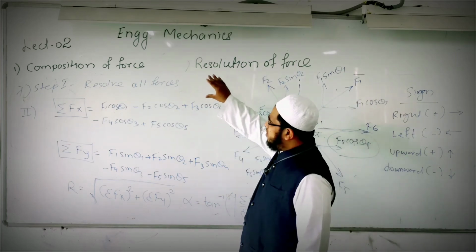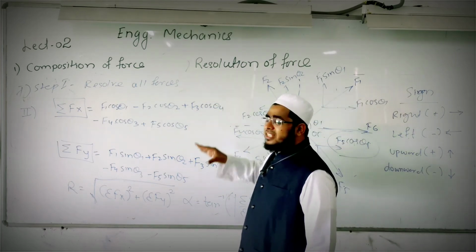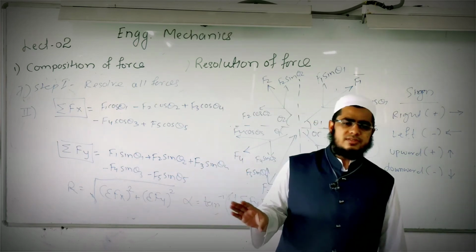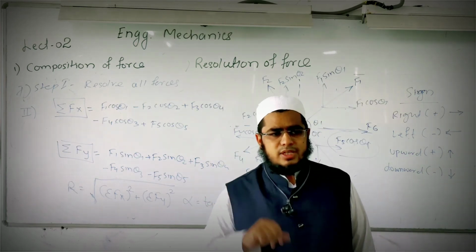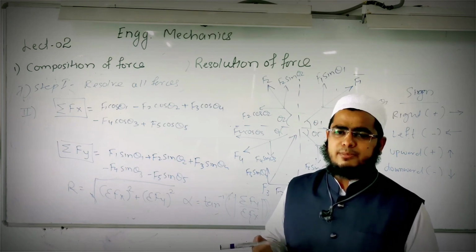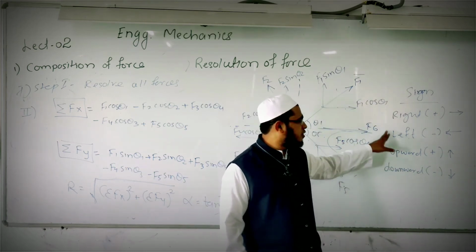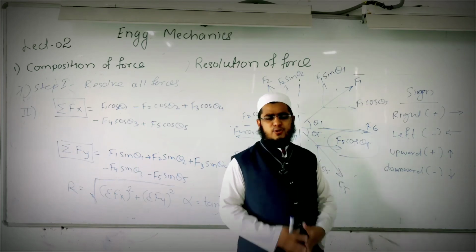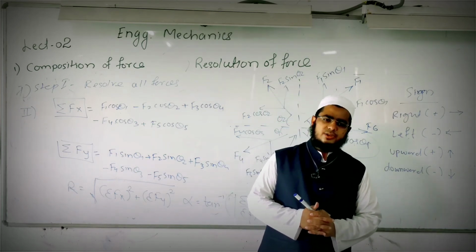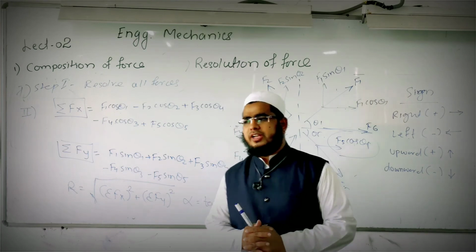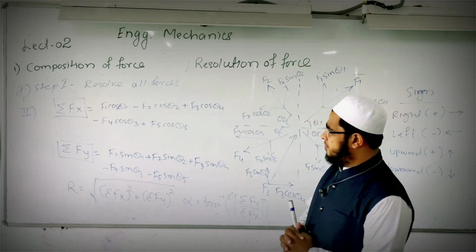After resolution of forces, determine the algebraic sum of horizontal forces and the algebraic sum of vertical forces with the help of sign convention. Sign convention is very important. We have written here: rightward force is considered positive, leftward negative. Upward force is positive and downward force is negative.